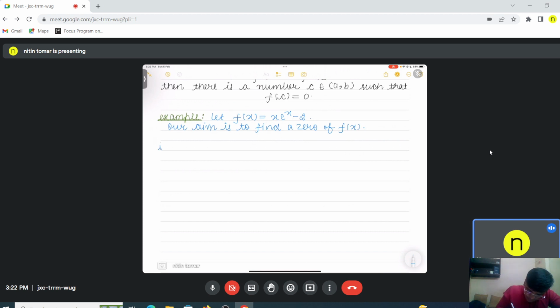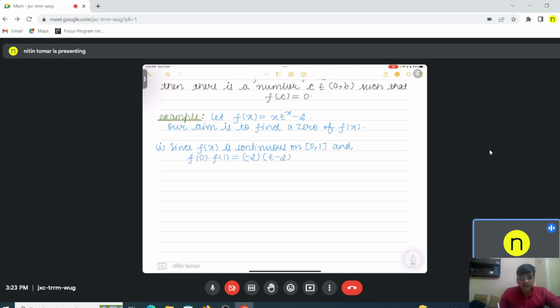So step 1, I'll write like this: since f of x is continuous everywhere, in particular it is a continuous function on 0 comma 1, and f of 0 times f of 1, f of 0 will be minus 2 and f of 1 will be e minus 2.